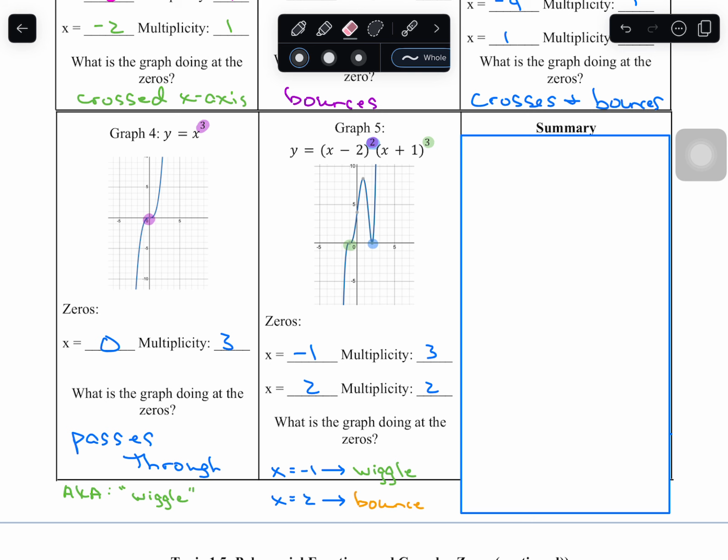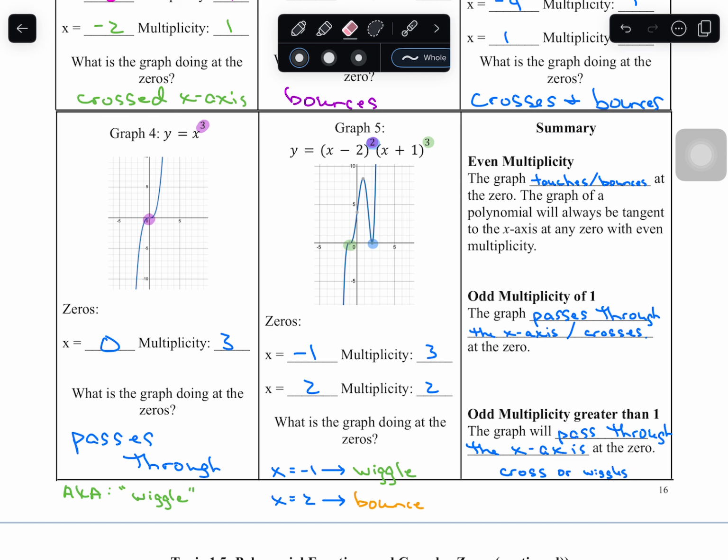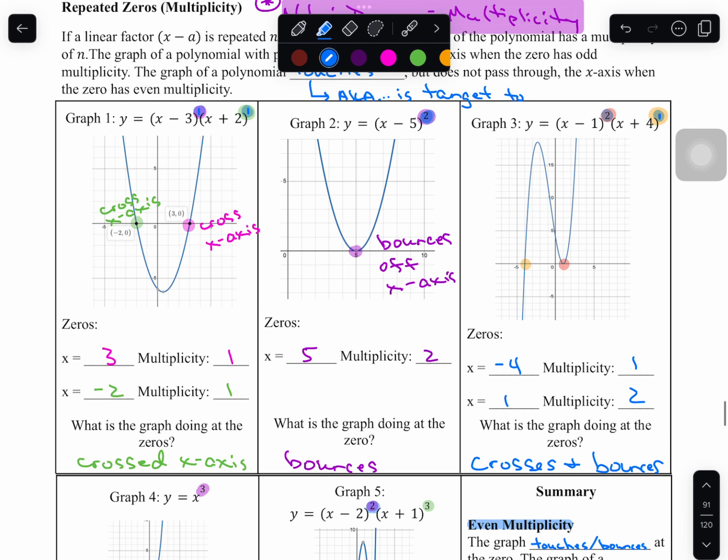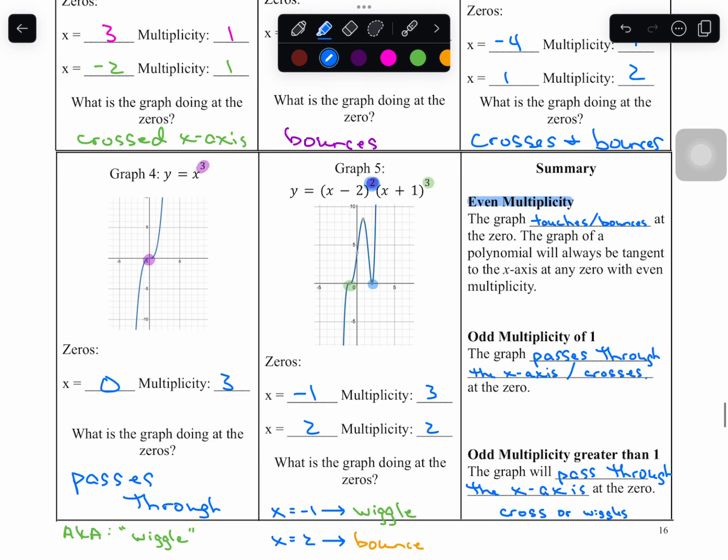So here's our summary. We have the bounce, cross, and wiggle. Anytime we have an even multiplicity, so when we had in graph 2 with a 2 there, when we had it in graph 3, a 2, we had it in graph 5 with a 2, every single one of those at that 0 is always going to be tangent to the x-axis, like I said, real mathy.